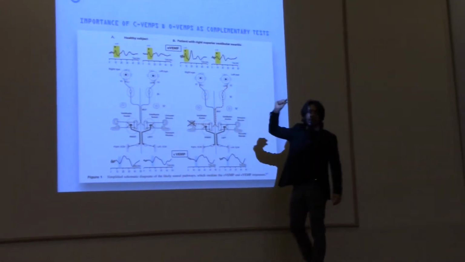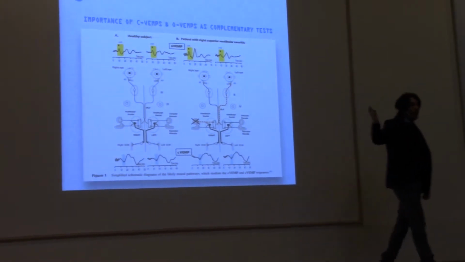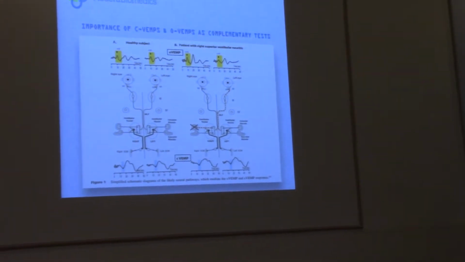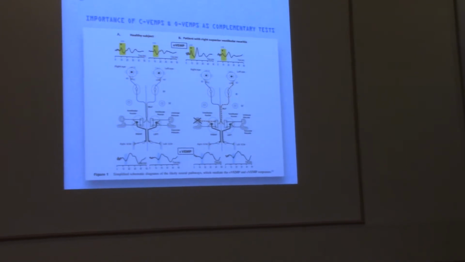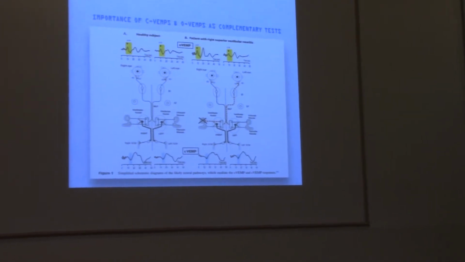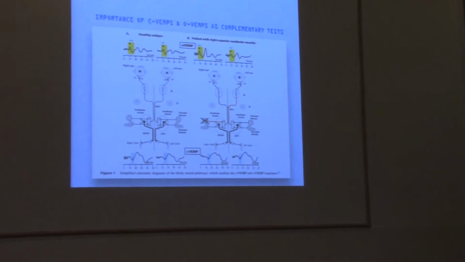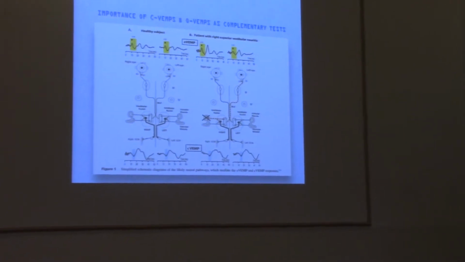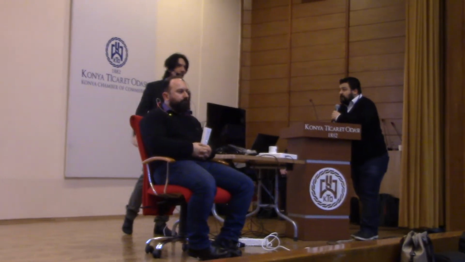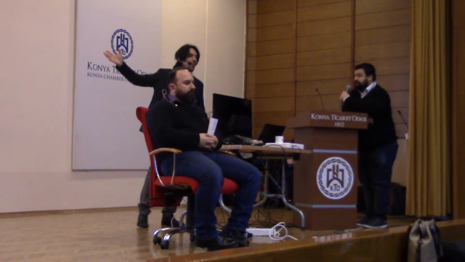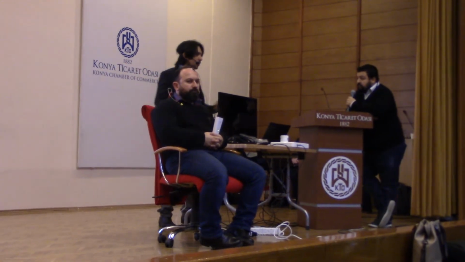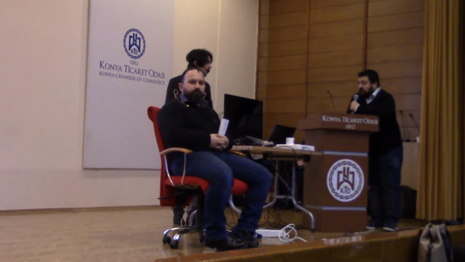You see a reduction of the peak over more than 40-50%, and it indicates right superior vestibular neuritis. Superior vestibular because the superior vestibular nerve is involved on ocular VEMPs, while inferior is on cervical VEMPs. So that's an example of how it can be useful using a combined approach.